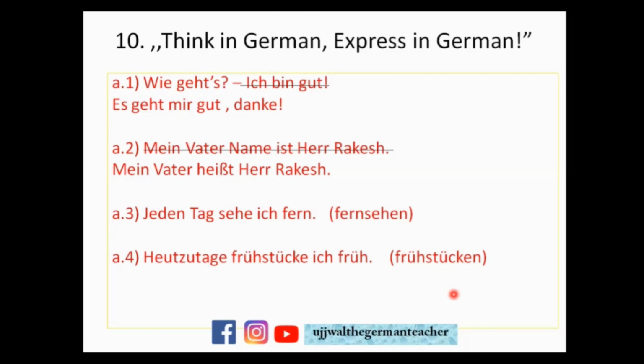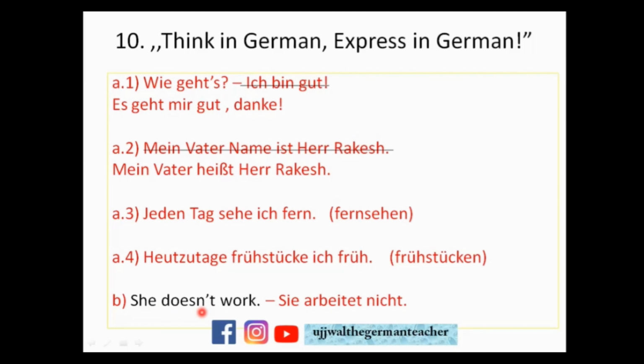You do not require the noun as we did here. Okay. So just simply use that. Verb is coming on the second position. You know that in a basic sentence, basic question, W-Frage or sentence, you always use the verb on the second position. So "Heutzutage frühstücke ich früh." Früh is early.